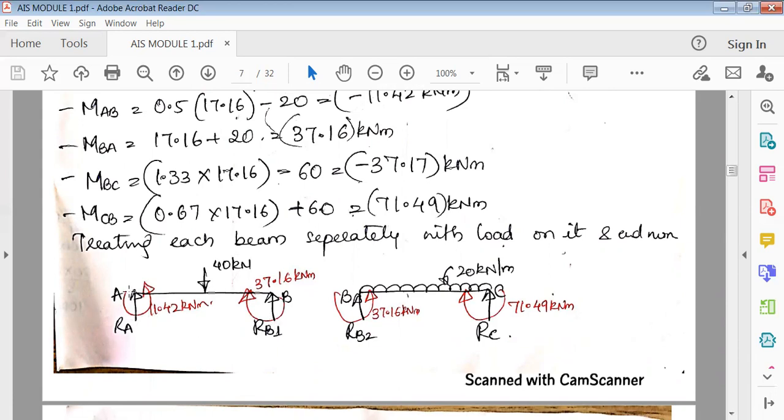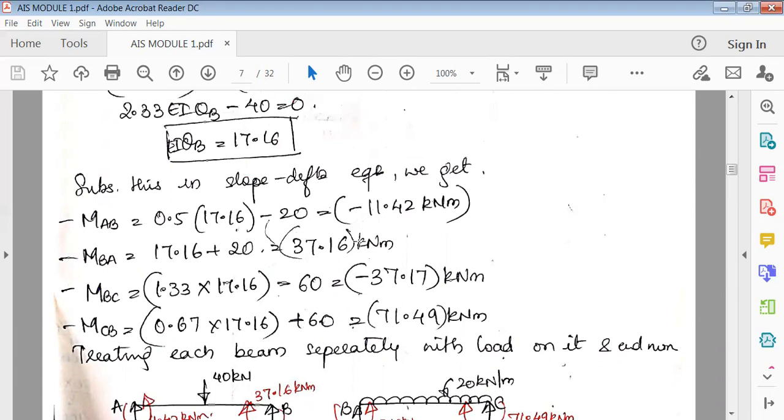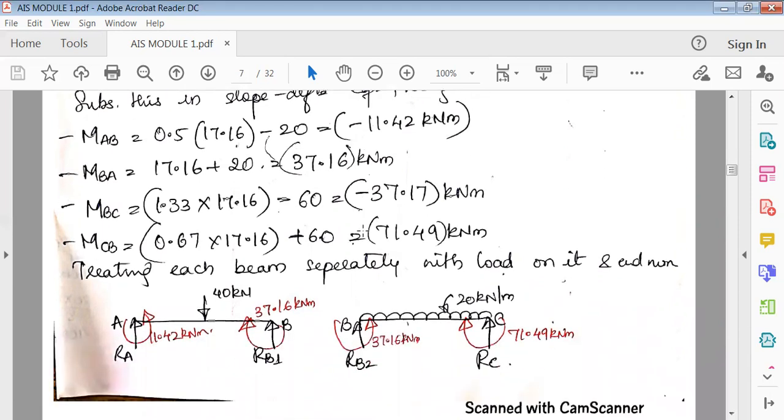Now, what I've shown with this red mark is what I've found out here. MAB is nothing but the fixed moment at AB, which is minus 11.42. The minus sign indicates that at A there should be an anti-clockwise moment, so I've shown it anti-clockwise, and the magnitude is 11.42.